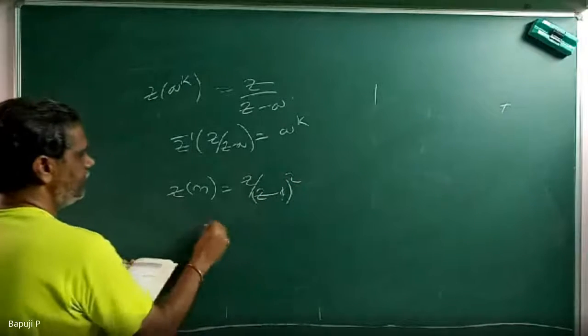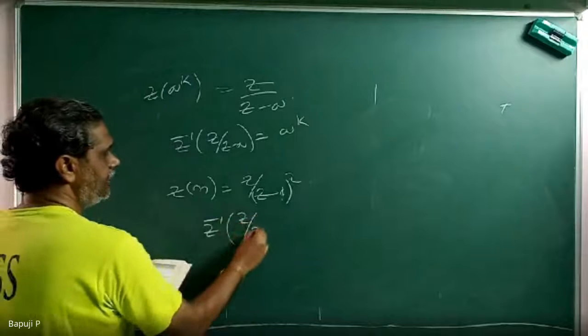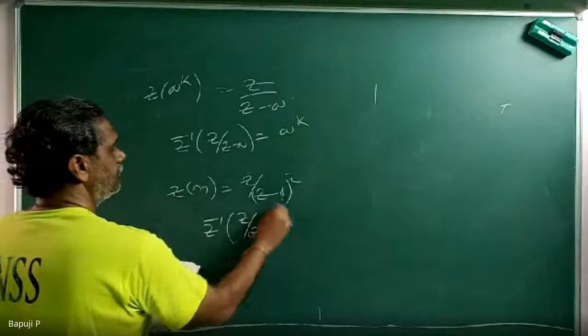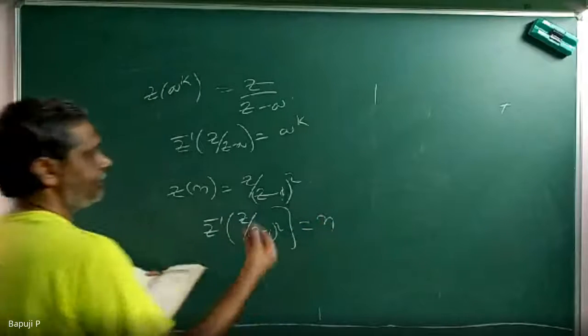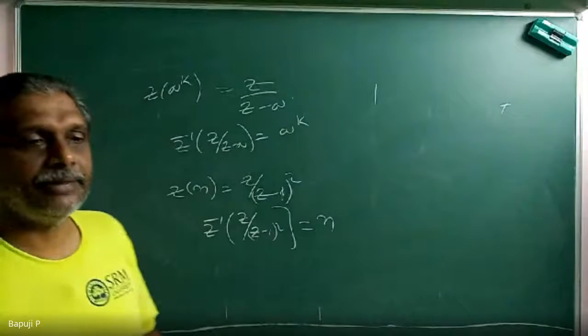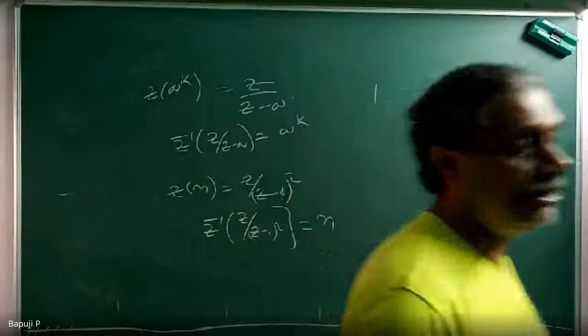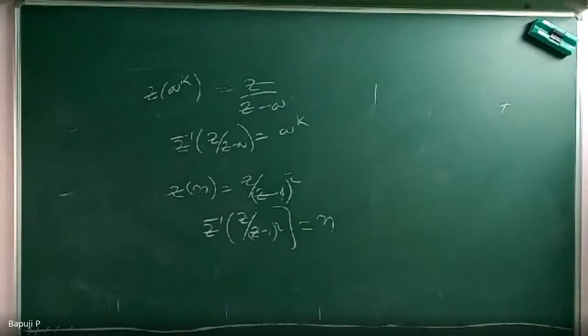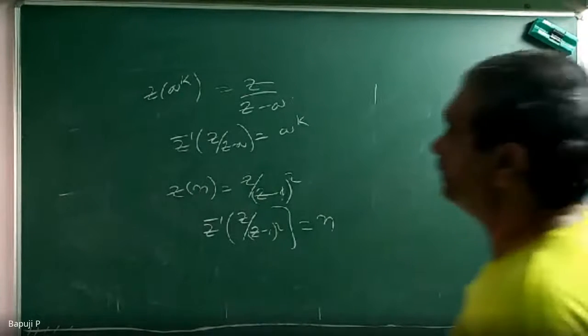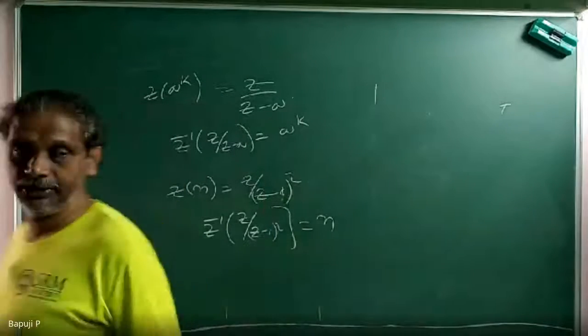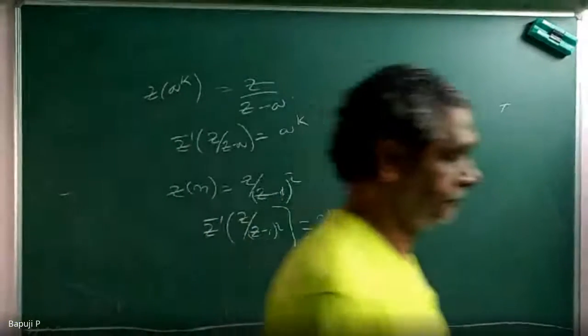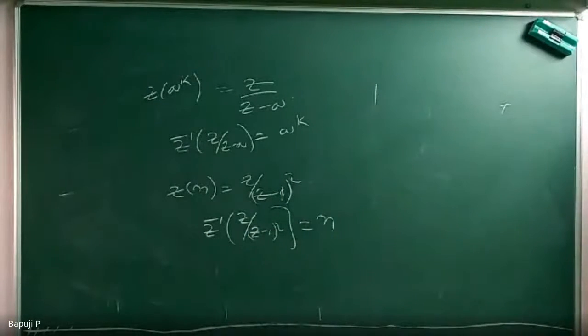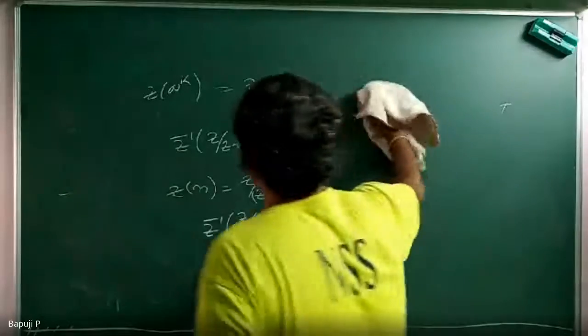Then z inverse of z by z minus 1 whole square is what? n. It's the reverse process. If you know the answer, you will get the inverse. Already we found L of e power at is equal to 1 by s minus a. Laplace inverse of 1 by s minus a is equal to e power at. Like this, all formulas you can transform. Write down fast one by one. Inverse table also, if you want, you can write.